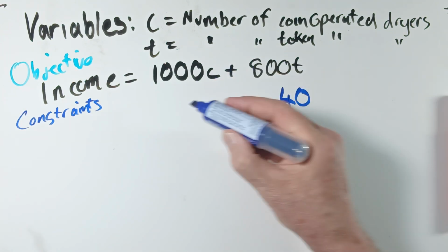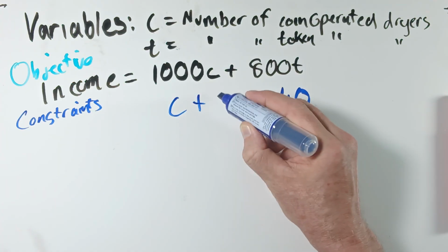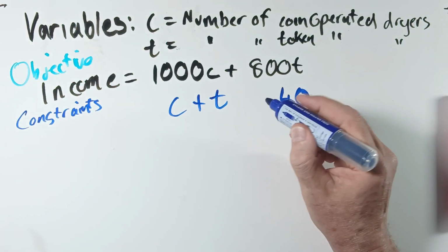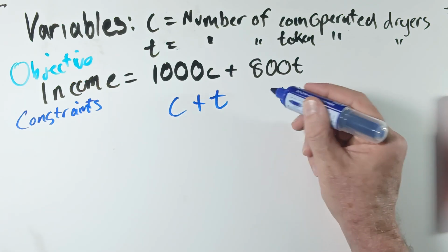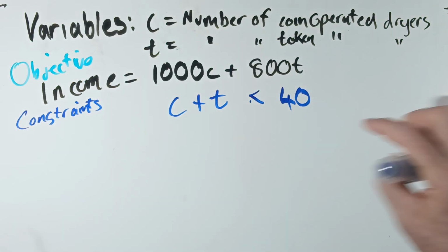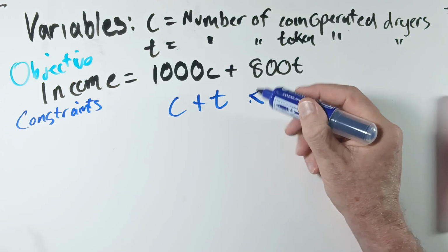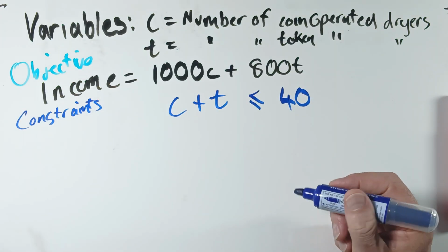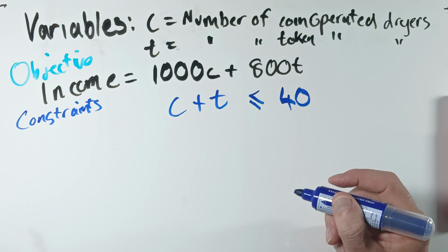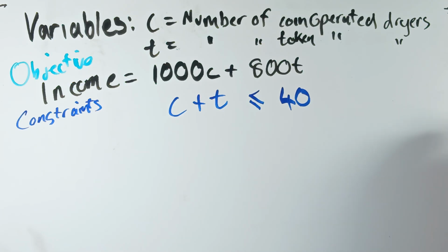We could just add them together, and that is up to 40 clothes dryers, so that means the number has to be less than or equal to 40, can't be larger. Okay, that's constraint number 1.